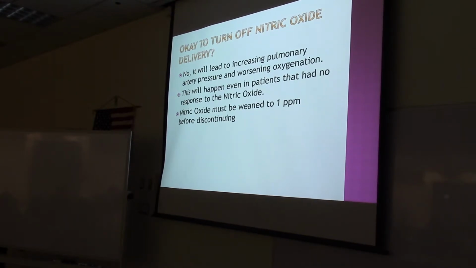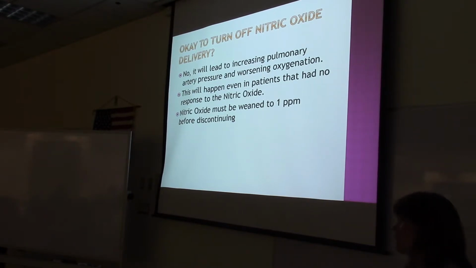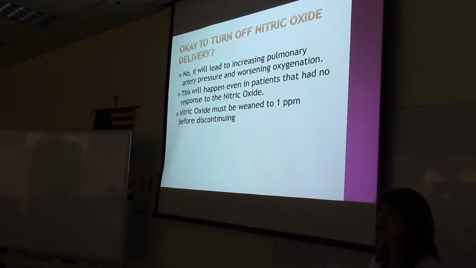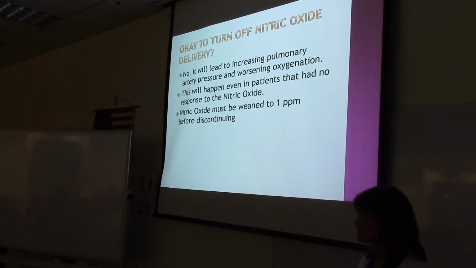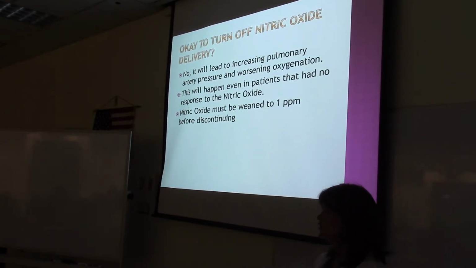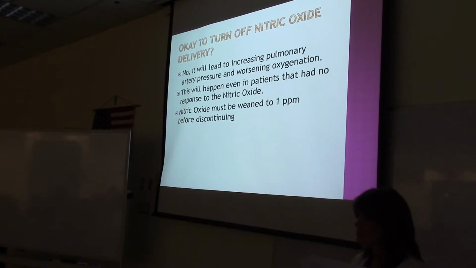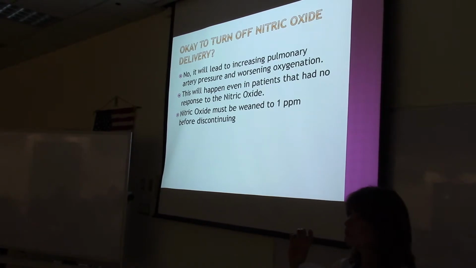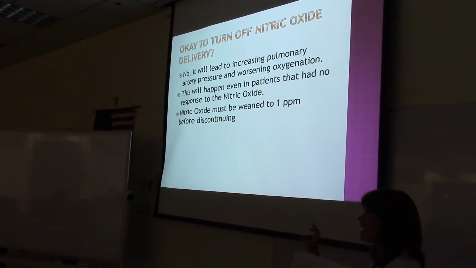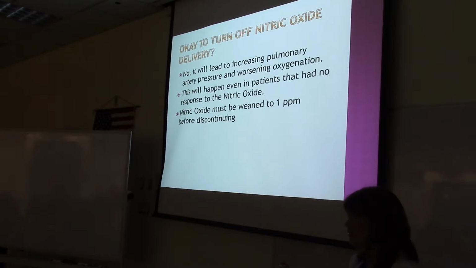Is it okay to turn off nitric oxide delivery to see if you have good oxygenation? You're wondering, well, maybe the baby will oxygenate well if we don't have nitric oxide running. So let's just turn it off and see if our O2 sats worsen. You can't just turn off nitric oxide because it causes a rebound effect where quickly removing nitric oxide causes spasming of the pulmonary vessels, and now you're going to have worsening oxygenation.